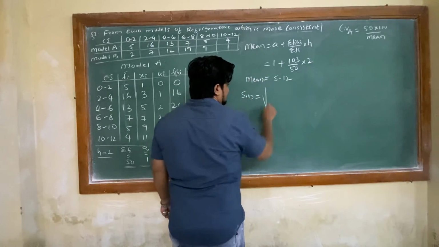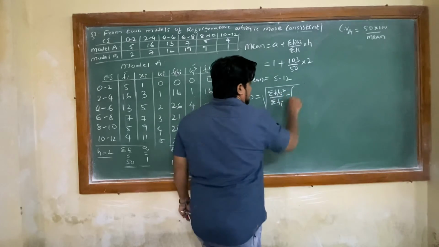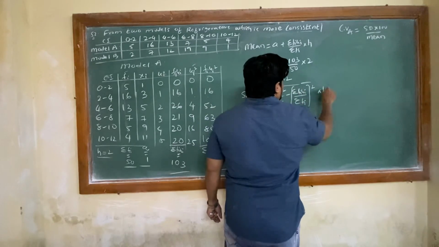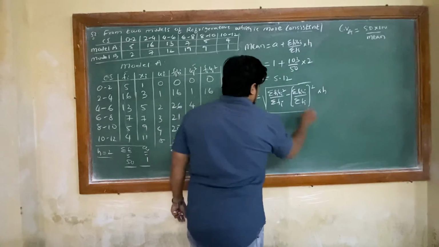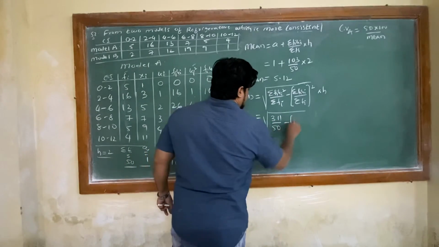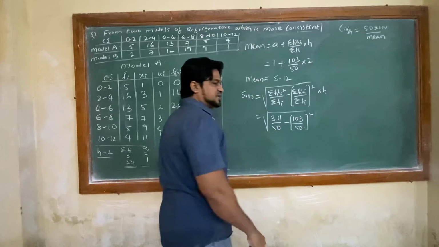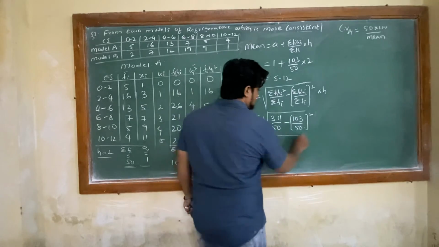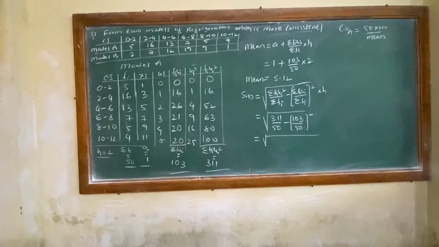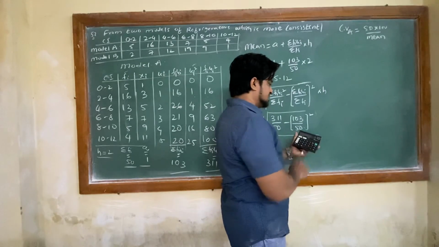After the mean, we need the standard deviation. It is the square root of sigma Fi Ui square by sigma Fi minus, in brackets, sigma Fi Ui by sigma Fi whole square, and outside, into H. Now sigma Fi Ui square is 311 by sigma Fi 50, minus 103 by 50 squared. 103 divided by 50 is 2.06.